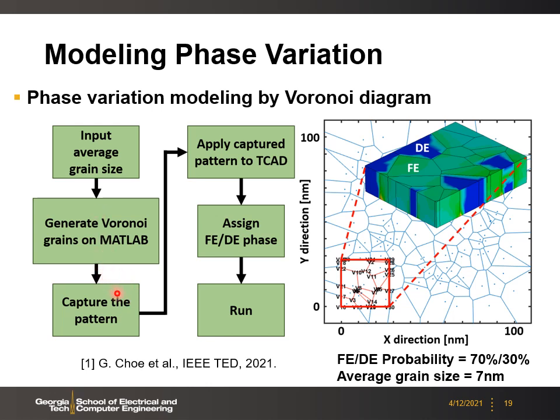This is the flow to generate the phase map in the ferroelectric devices, and we are going to incorporate this kind of mixed phase map into the gate dielectric in the TCAD simulation. In this particular example, we show the ferroelectric phase versus the dielectric phase probability around 70% to 30%, and the average grain size is about 7 nanometers.